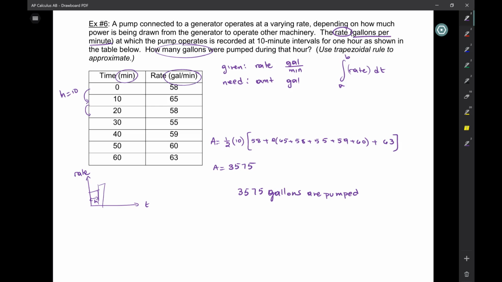So you see how here it's being pumped at 58, and then it's being pumped faster and then slower, and here it really slows down, and then it really speeds up here. But in all of that, this is how many gallons are pumped. So net change. Question? Okay.